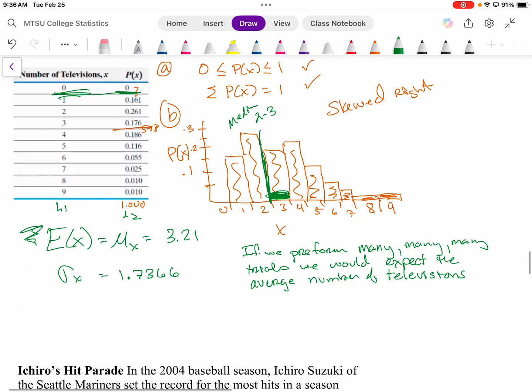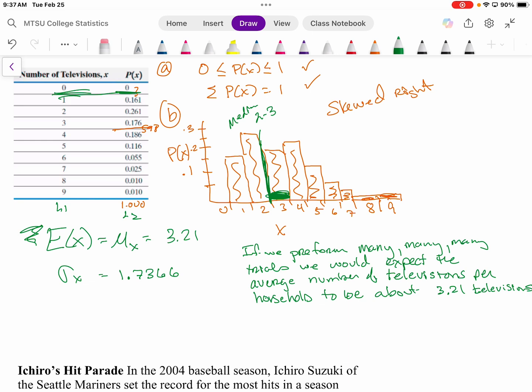Yes. Per household, to be about 3.21. And we can always put the units, like televisions. I know you can't have 0.21 of a television, but hey, we have to include those decimals. So there's an interpretation about the mean. If we repeated this many times, we would expect the average number of televisions per household to be about 3.21 televisions.